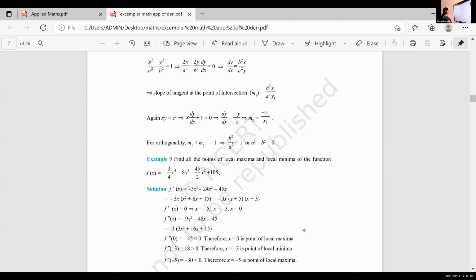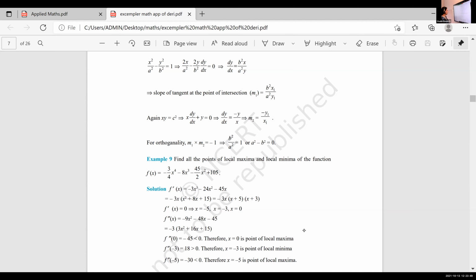Now note down this question, children. Write down this one and try it as homework. Find all points of local maxima and local minima of the function f of x is equal to minus 3 by 4 x raised to 4 minus 8 x cube minus 45 by 2 x square plus 105.